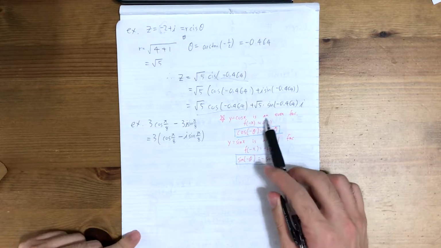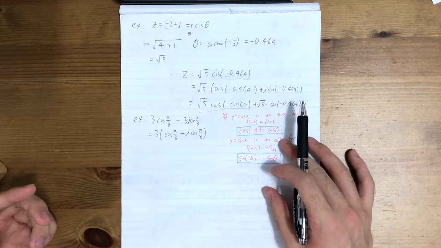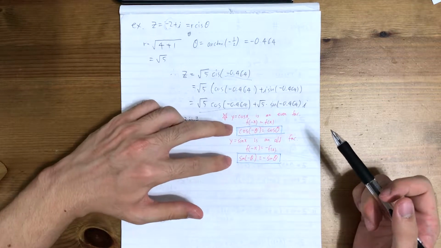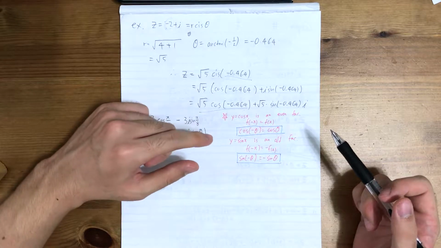If you don't want to use the properties of even or odd functions, although it's the easiest, you can choose to derive this using the compound angle formula as well.